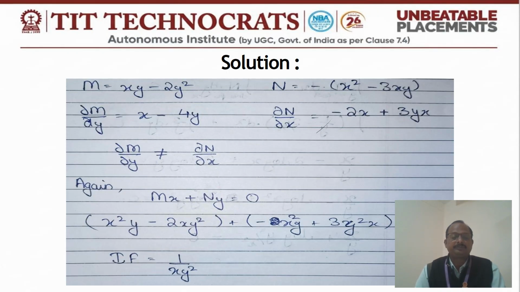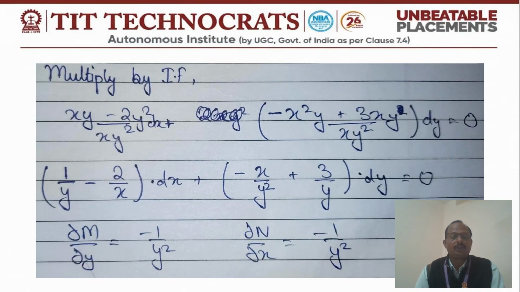In this case, we have to find the condition of mx plus ny. So multiply m with x and n with y, and you will get mx plus ny not equal to 0, and so the integrating factor becomes 1 by xy square. Multiplying the integrating factor with the equation, we get another differential equation, which should now be exact.